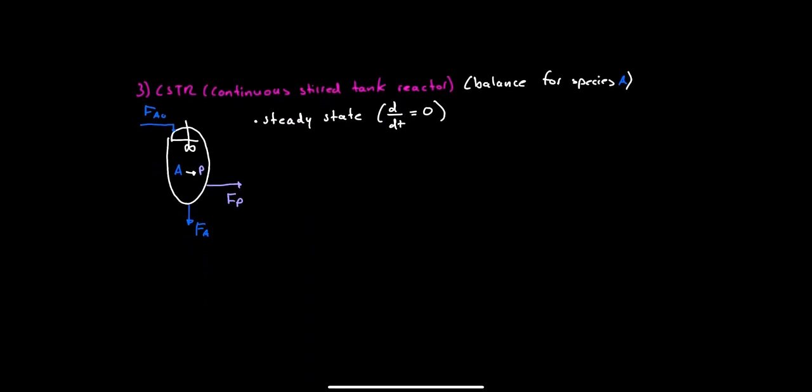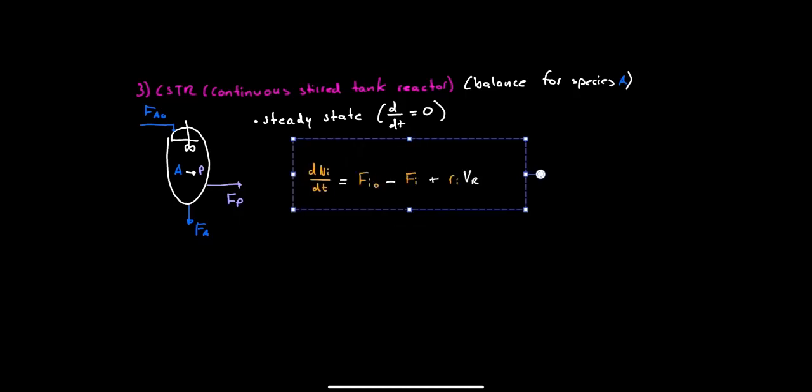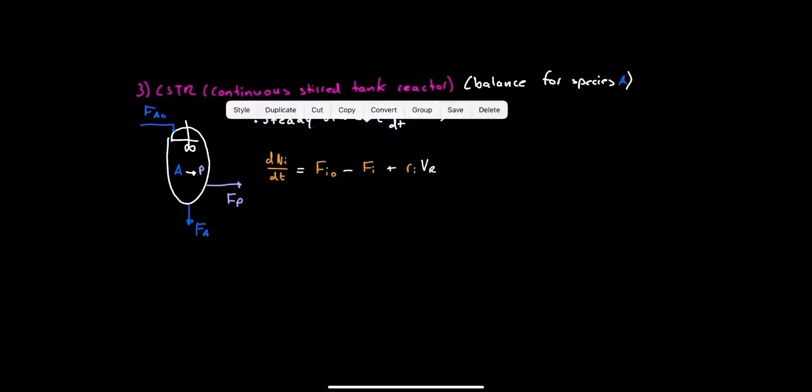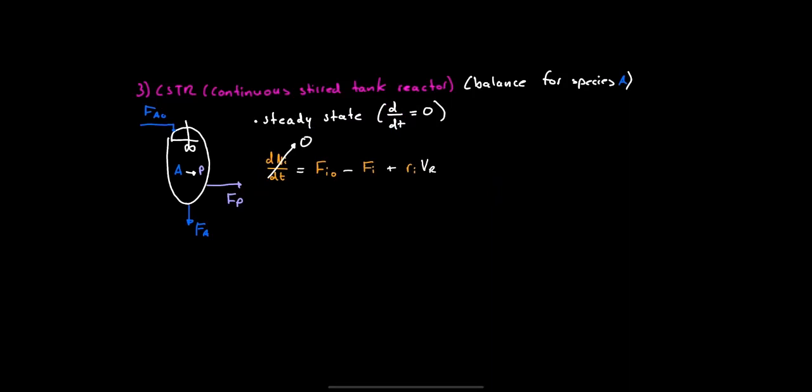Now let's take a closer look at the CSTR, which is the continuous stirred tank reactor, and we'll look at the balance for species A. For a CSTR we have a steady state, meaning that the change with time is going to be equal to 0. If we transfer this to our general species balance, there's not going to be a change of the species I with time, so this is going to be 0 because we have steady state.